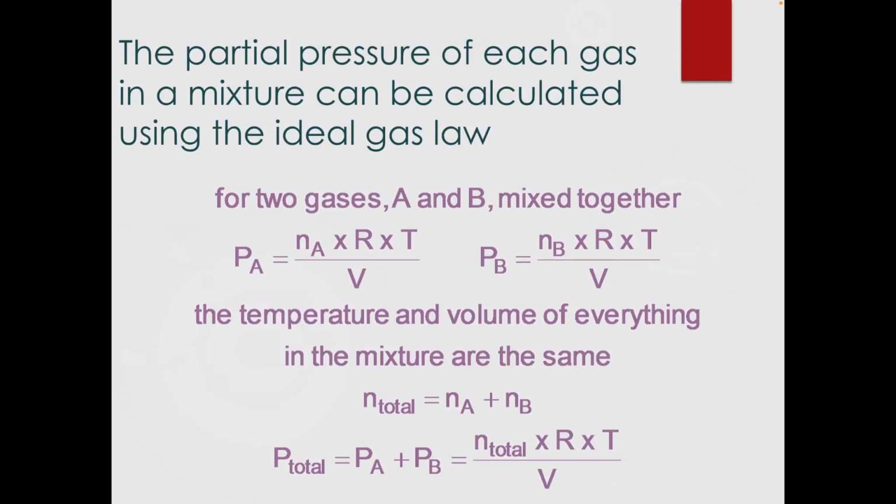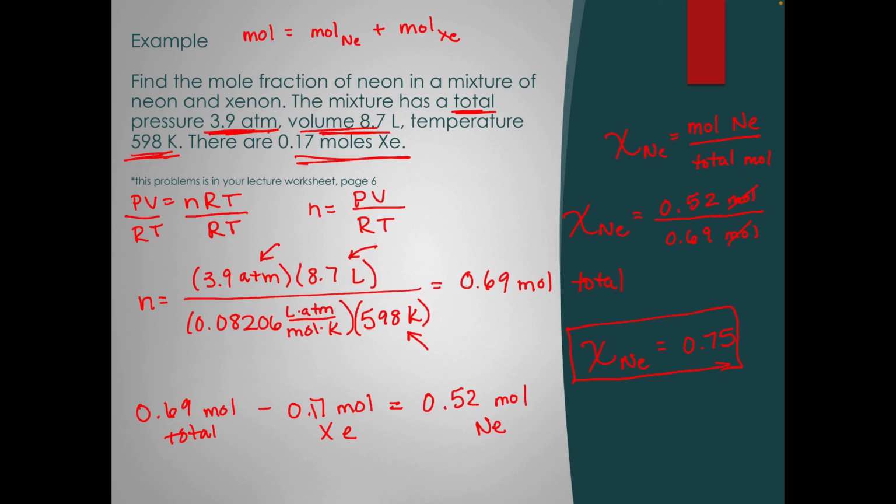So the partial pressure of each gas in a mixture can be calculated using the ideal gas law. Here we calculated the total number of moles, and then we used subtraction to figure out the number of moles of neon because we had our number of moles of xenon.